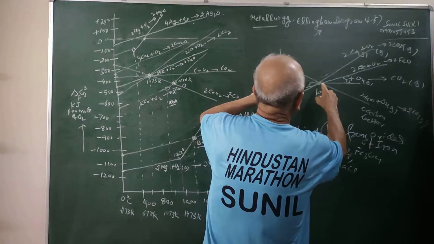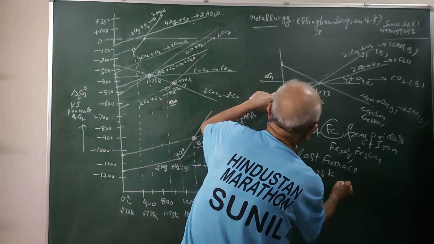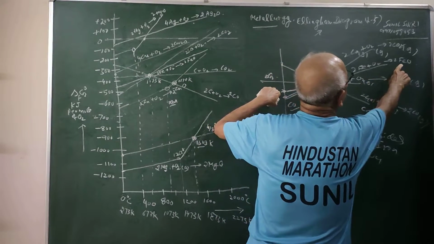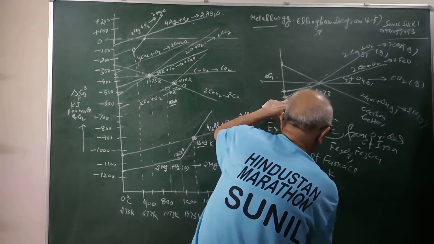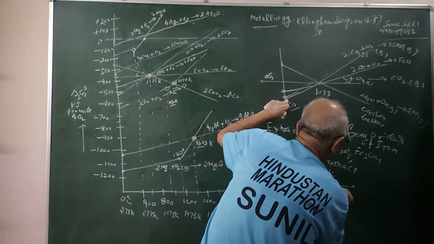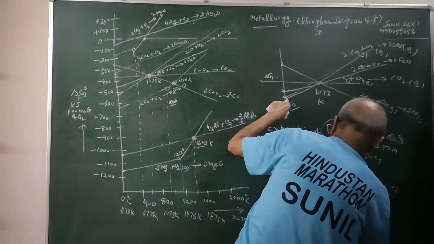Now you can see that below 1073 Kelvin, if I want to reduce iron oxide, below 1073, this is lower. Then CO is better. This will act as a reducing agent. And you will get iron and CO2.